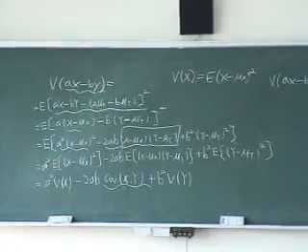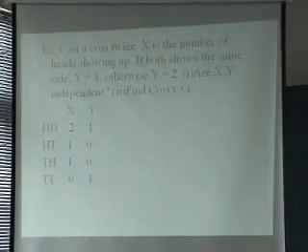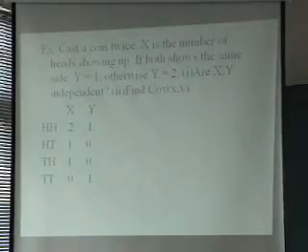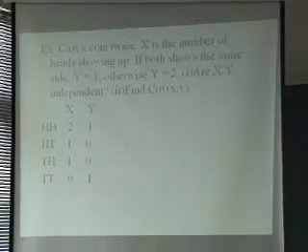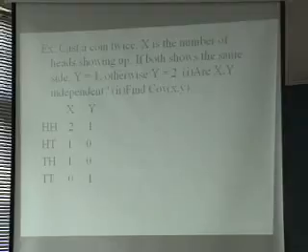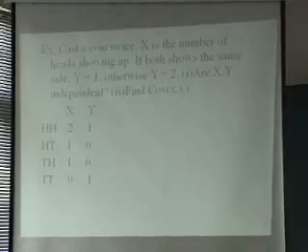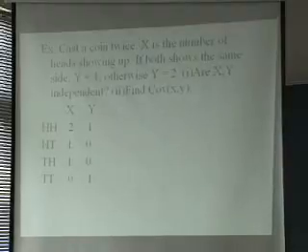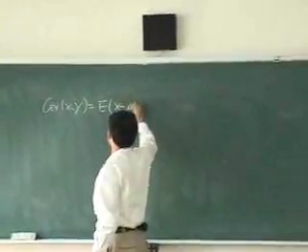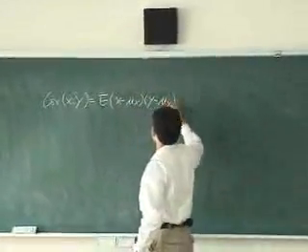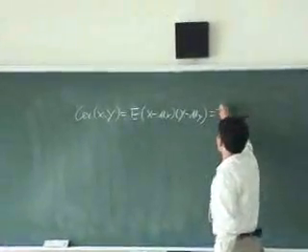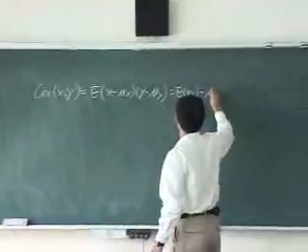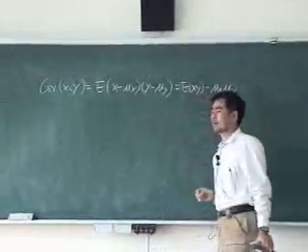Last time we talked about covariance. Covariance XY is equal to the expectation of (X - μx)(Y - μy), and that is equal to the expectation of XY minus μx μy.